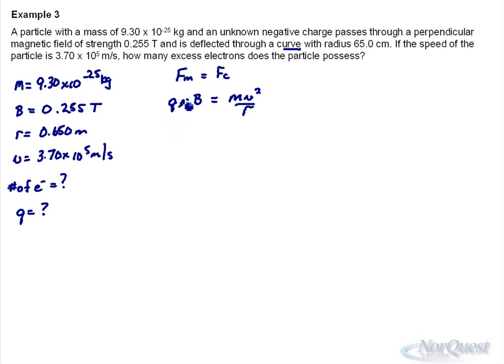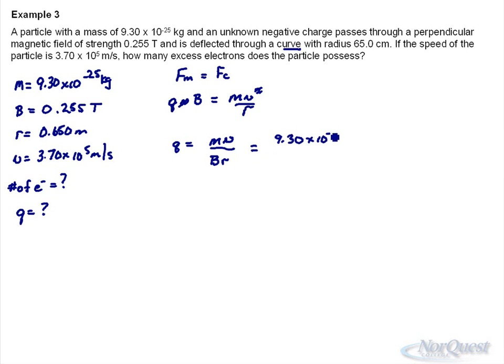So the first thing we could do is divide out a velocity. Q then will be equal to mv divided by Br. We have the mass, we have the velocity, we have the magnetic field strength, we have the radius. So this is actually pretty quick. Put the numbers in.